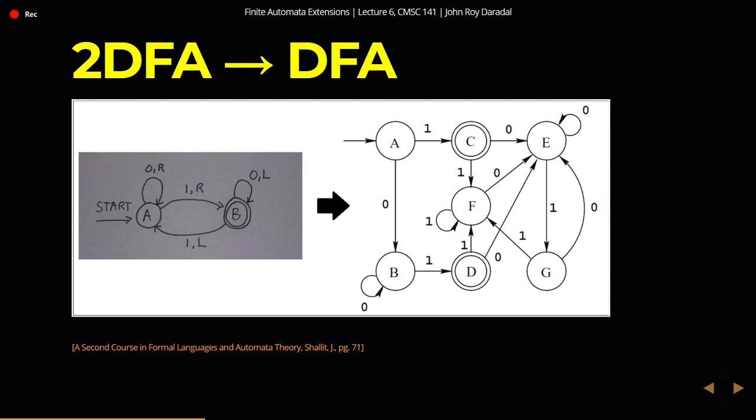But you'll notice that from two states here, we already have 7 states in the equivalent DFA. So that's about 2 raised to 3, so 8 minus 1, yeah, 7. So there's a lot of states in the equivalent DFA.